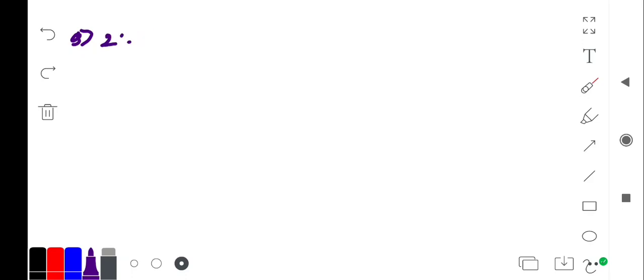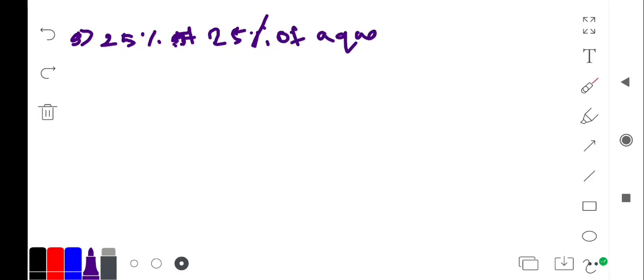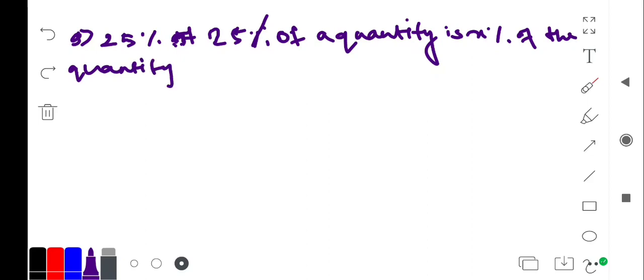Twenty-five percent, sorry, 5% of... 25% of a quantity is x percentage of the quantity, where x is.